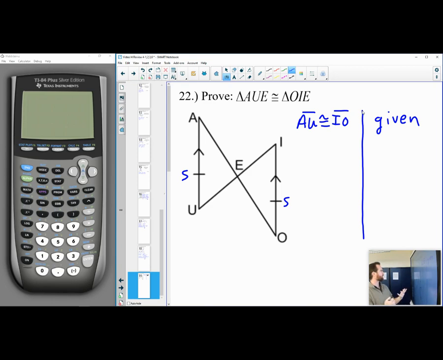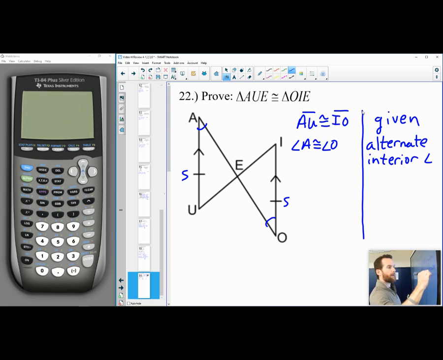So alternate interior angles, we're looking for a Z, and I see a Z right there between this angle and that angle. So angle A and angle O. So let's mark it that way. So we can say angle A is congruent to angle O because of alternate interior angles.